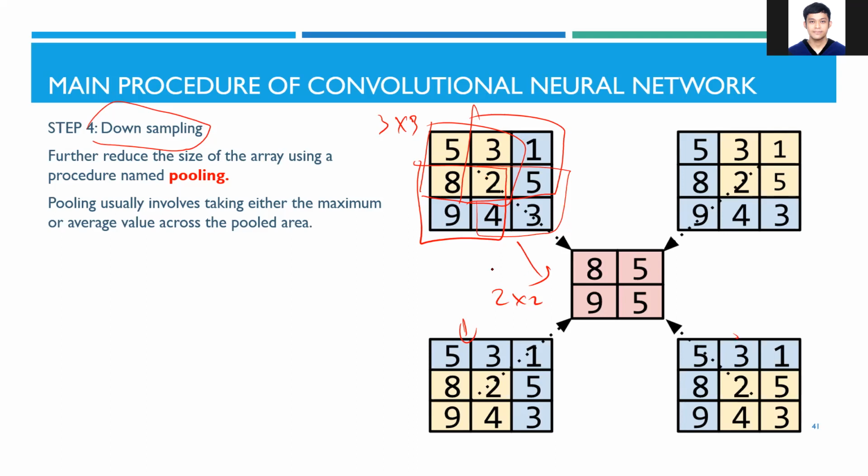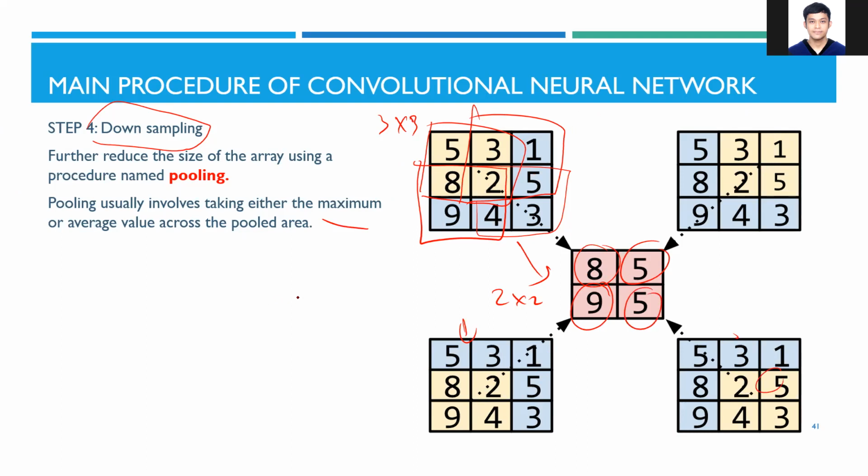And for example, we decide that for the pooling layer we use the maximum value in this area. So let's see, in the first one, 5 3 H 2, the maximum value is H, so we use only H here. The second one, 3 1 2 5, the maximum is 5, so we only use 5. Again, this one the maximum is 9, we use 9. This one the maximum is 5, so we use 5.